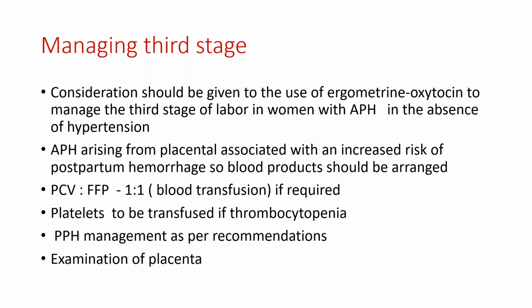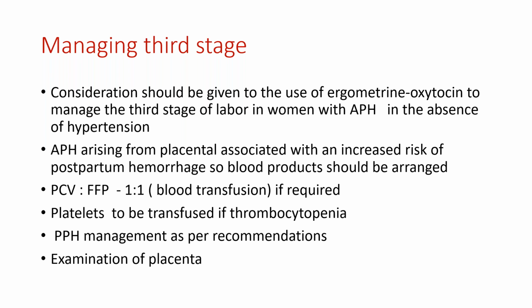So what happens in these cases? The APH arising from the placenta is associated with increased risk of PPH. So even if the patient is coming with mild or moderate abruption and her Hb is like 9 or 10, you have to arrange blood products, FFPs and PCVs, because there can be chances of PPH during the delivery or during the cesarean.